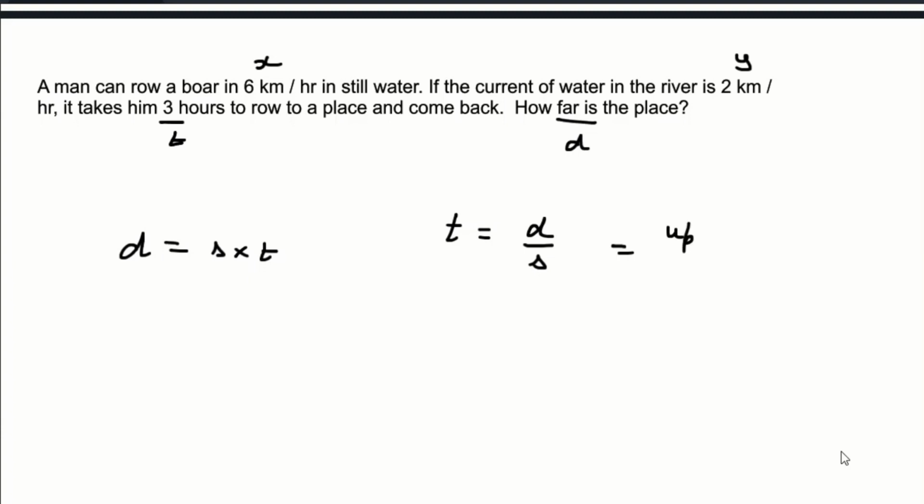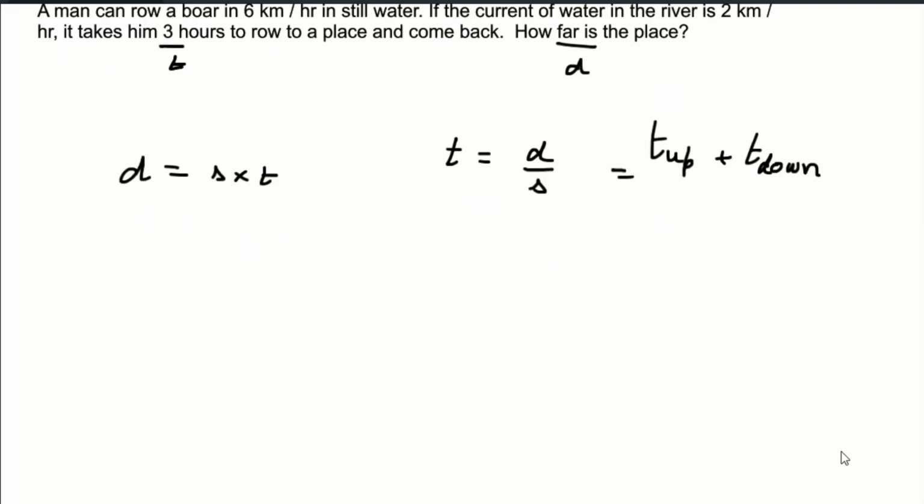So upstream time taken plus downstream time taken is total time taken. Here I cannot make use of the other formula because only total time taken is given. It is 3 hours. What is time taken? Distance by speed.